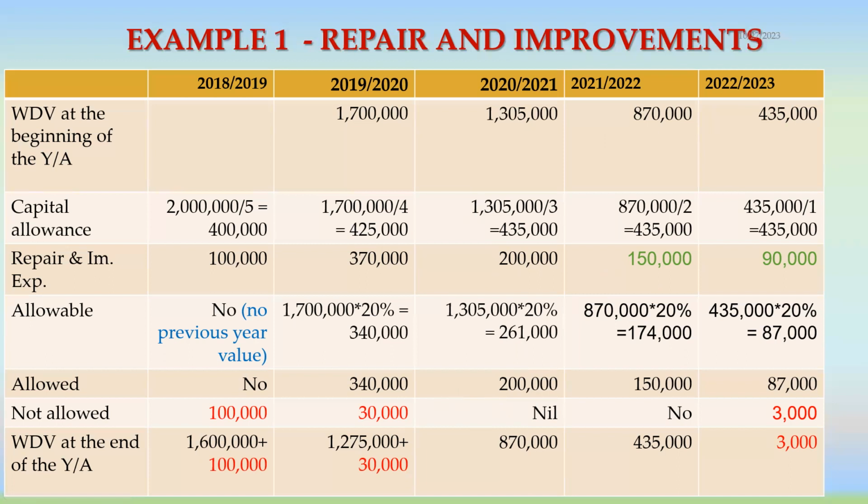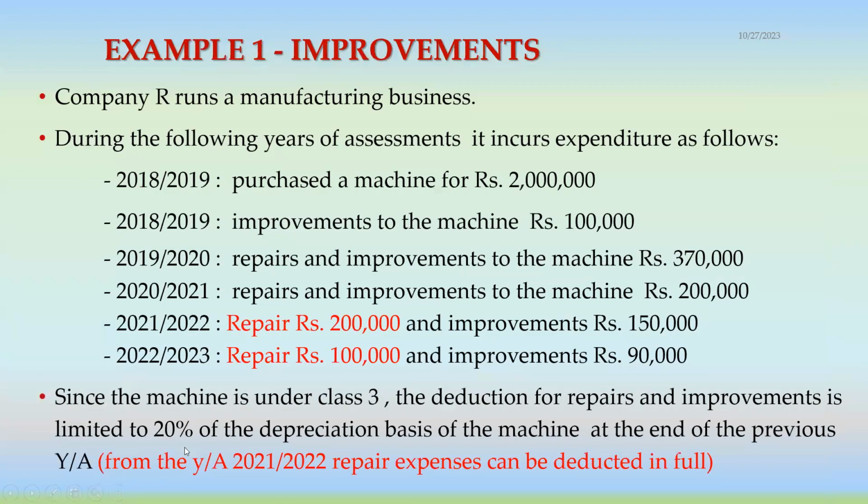Then in that year of assessment 21-22, we can grant 200 as the total amount. Up to here you can see I applied this restriction to the whole amount. Repair and improvements were taken together and both were restricted. But from the assessment 21-22, we have to separately identify the amount for repair and the amount for improvement, because the applicable provisions for repair and improvements are different.